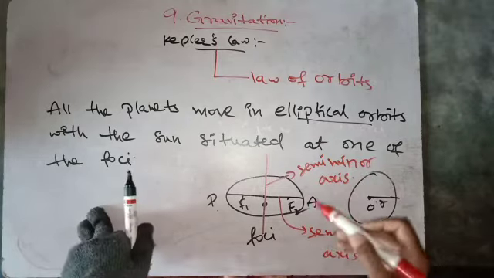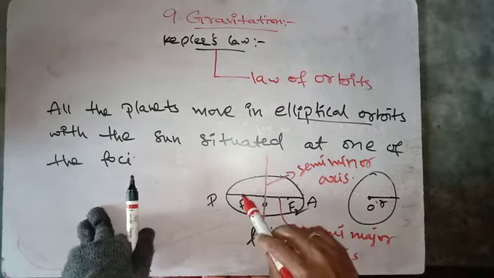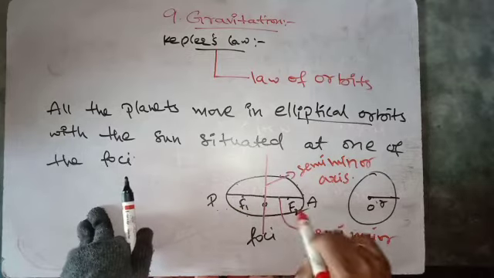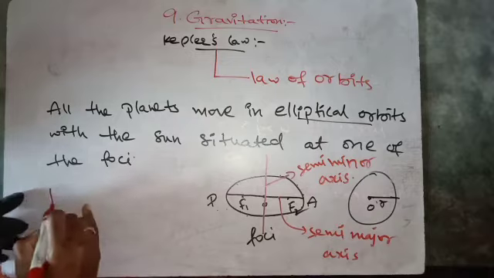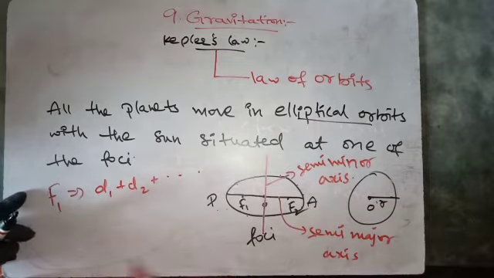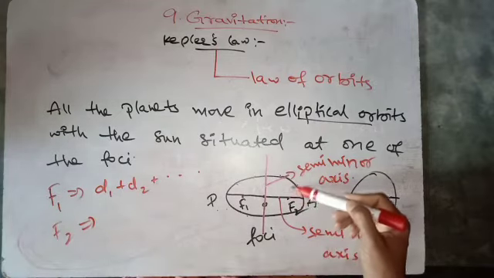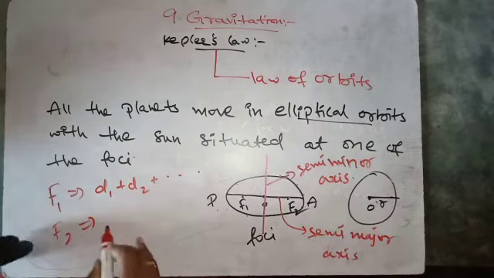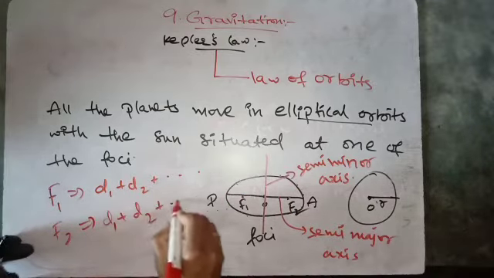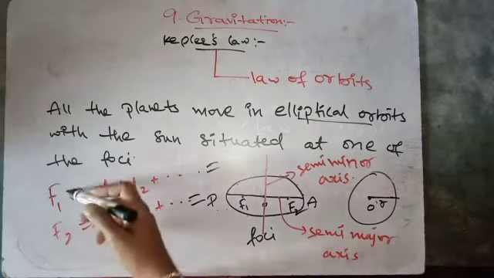If you take any point on this ellipse, and measure the distance from the focus F1 to these points, and add all these distances, D1 plus D2 and so on, and then repeat for the focus F2, you will obtain the sums of all these distances for F1 and F2.